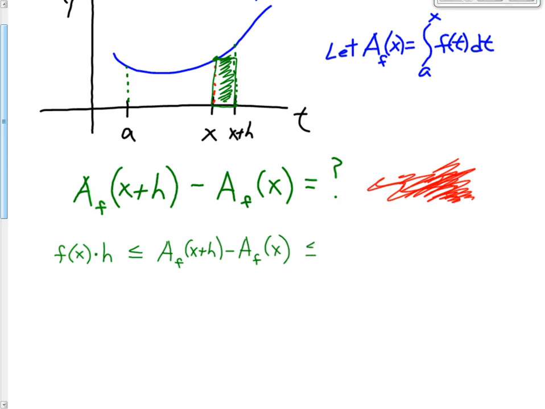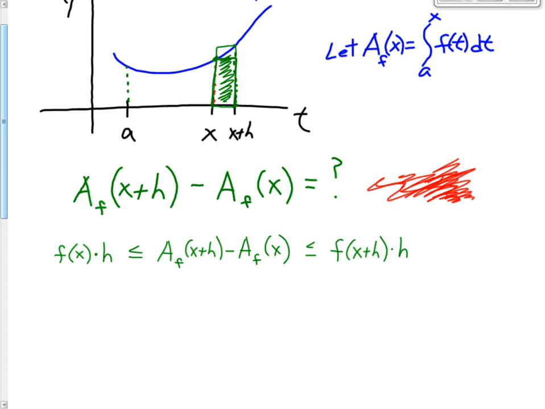And that will be less than or equal to the area if I took the rectangle and I defined its height to be the right side of that, which would be f of x plus h, times the width, which would be h.